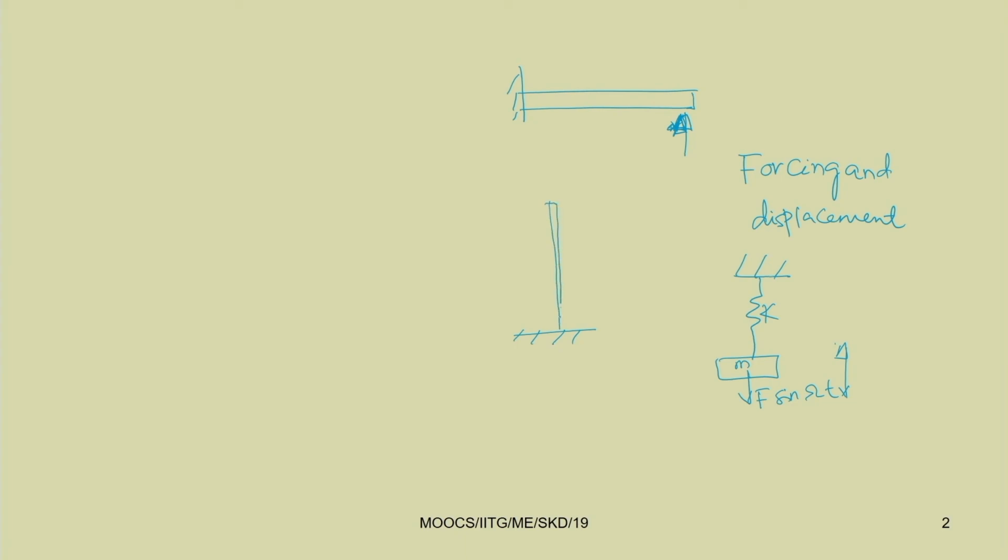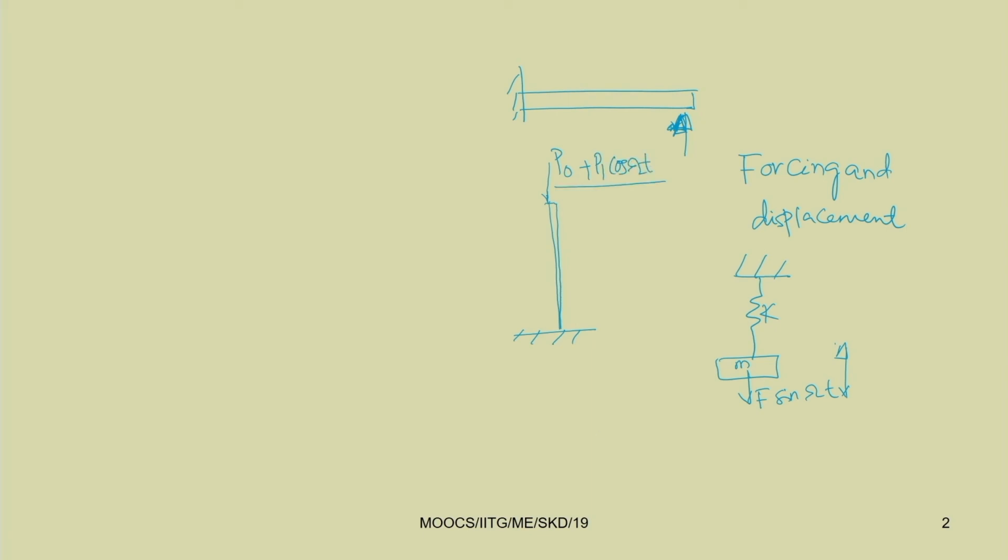In this column, let us apply a force in this vertical direction. Let us apply this buckling force, that is, instead of a constant force P, let us apply a force P0 plus P1 cos omega t. So, let us apply a periodic force.